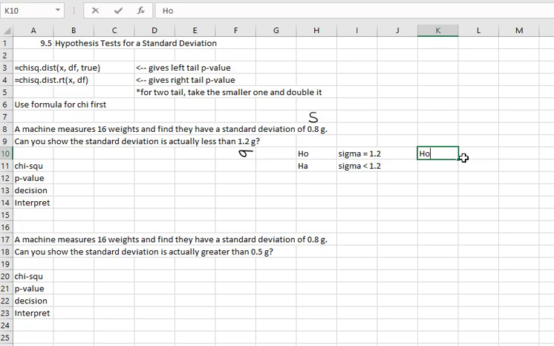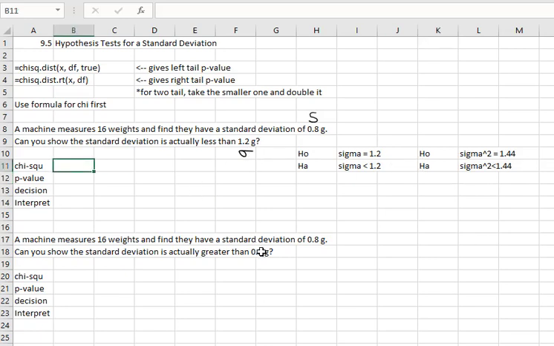In that case, the null hypothesis would be sigma squared, representing the variance, is equal to 1.2 squared, which is 1.44. And the alternative hypothesis would be the variance sigma squared is less than 1.44. So depending on what's being asked for or what we're interested in, we can set up the hypothesis as a sigma, or a standard deviation, or as a sigma squared, which is a variance.